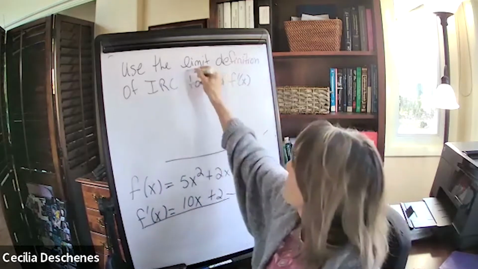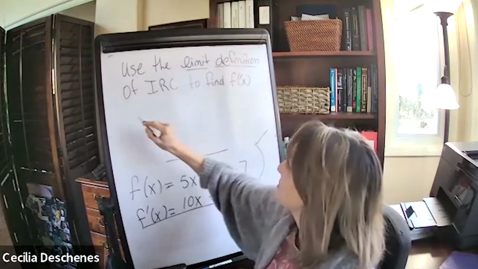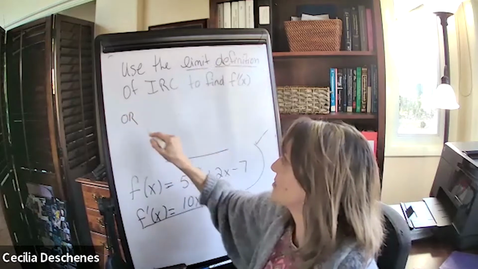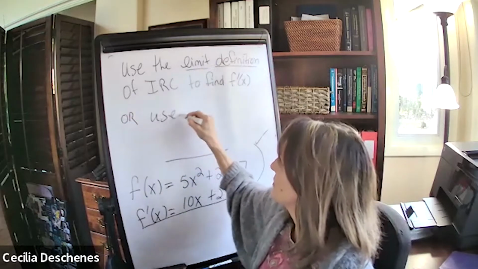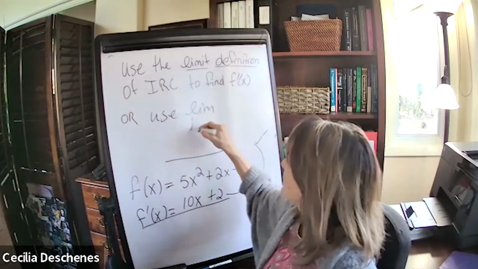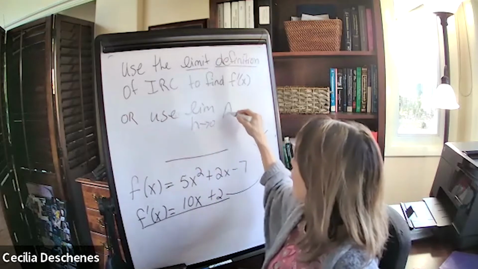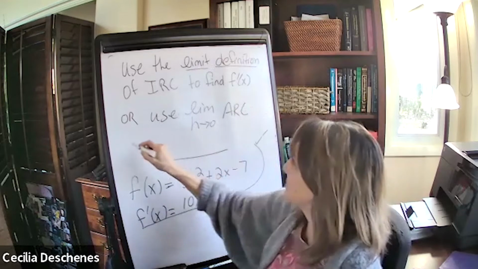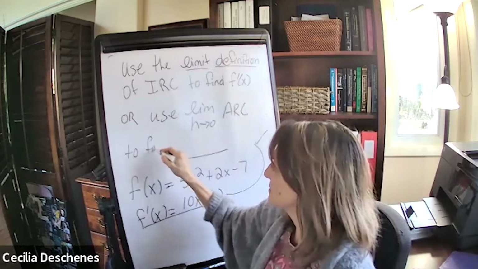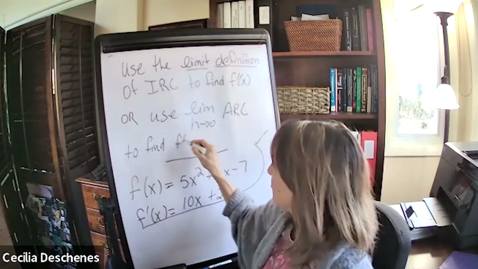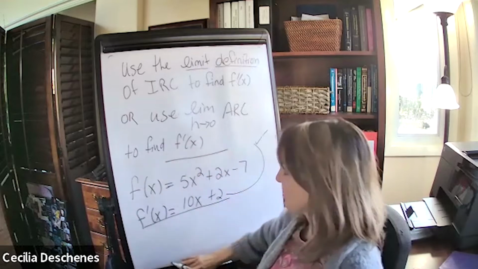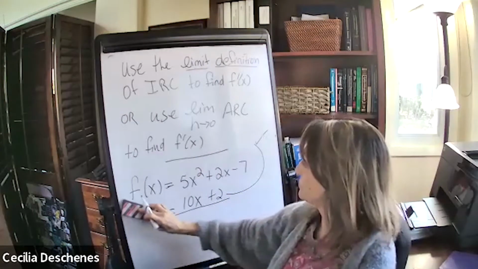So it would have to say something about using the limit definition, or maybe it could say use the limit as h goes to 0 of the average rate of change to find the first derivative, something like that. All right, thank you. Sure.